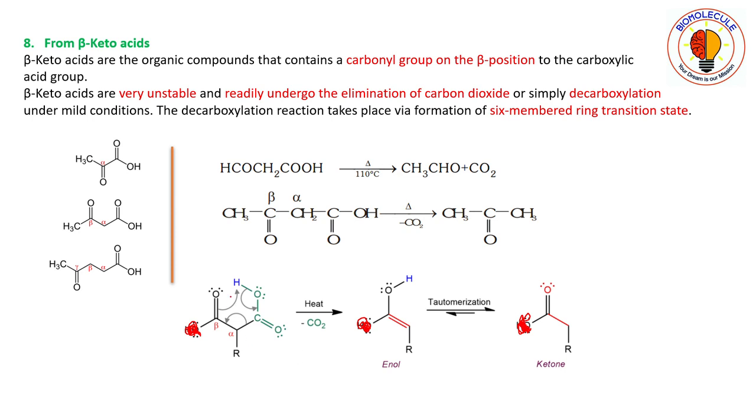Now this carbonyl oxygen is partially hydrogen bonded to this acidic hydroxyl hydrogen, so they remain in this form only. If we heat it, it readily decomposes to give us carbonyl compounds.